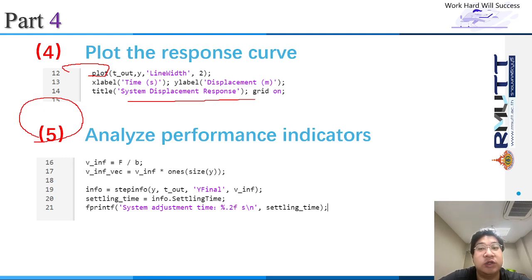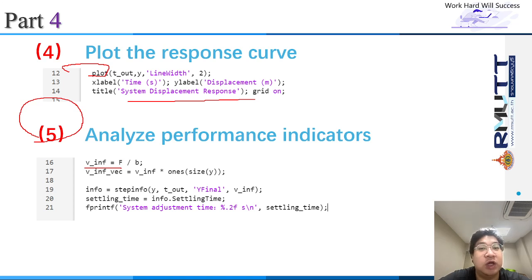First, determine the theoretical steady state value and verify it. The stepinfo function is used on the response to obtain the settling time.